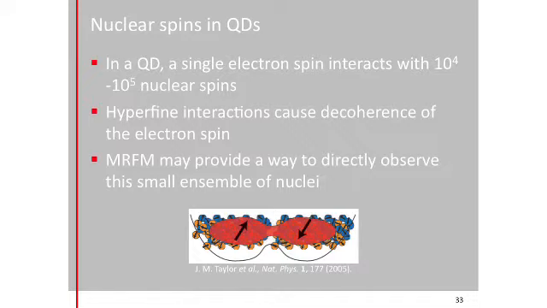It looks like MRFM, or force-detected MRI, is the only method that has a hope of directly measuring the dynamics of such small spin ensembles. People are interested in these nuclear spins because of their strong hyperfine interactions with the electron spins, and the fact that they are the major cause of decoherence for these electron spins, which are part of many proposals for quantum bits.